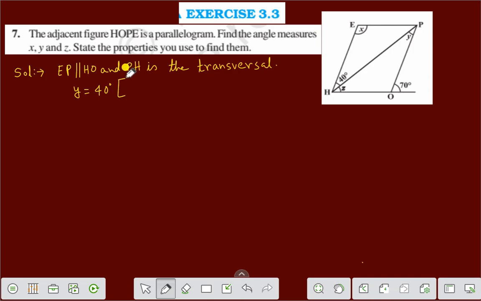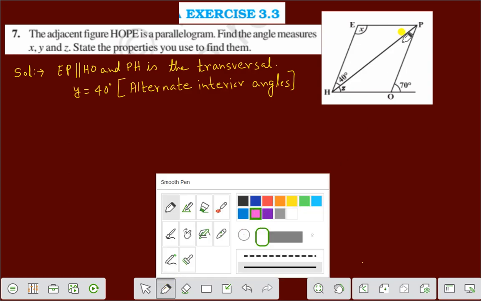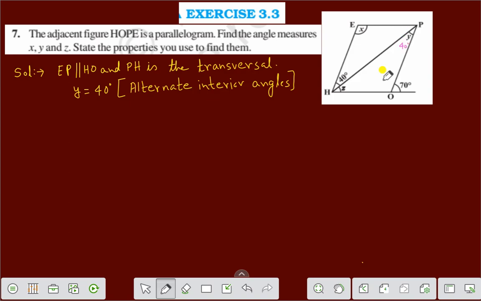The reason is that they are alternate interior angles. So we got the value of y as 40 degrees.